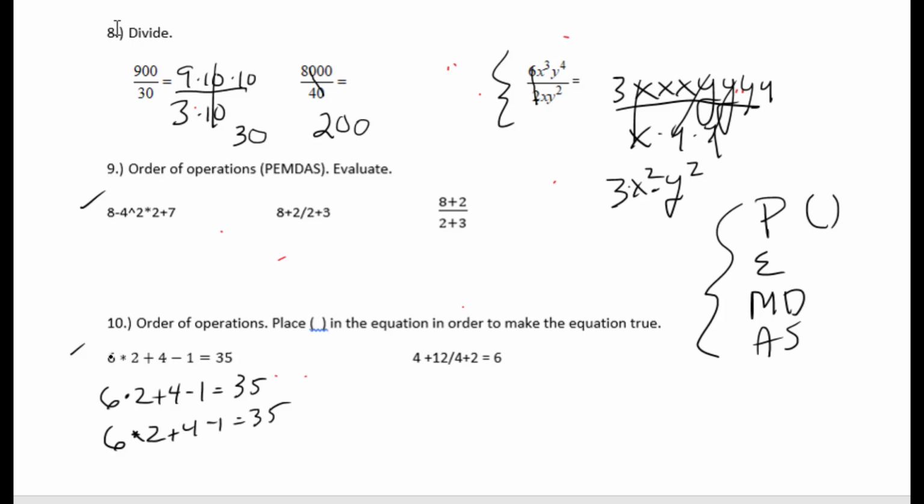Not really, because the first thing you have to do is multiply. So you get 12 plus 4. 16 minus 1 is not 35. So you could try this first, but that's not really going to help because that comes first anyhow. You could try this second. See if this works. 6 times, well, you would do this first, right? 6 times 6 is 36, minus 1 is 35. So there's the answer. And I'll put the rest of the answers in.